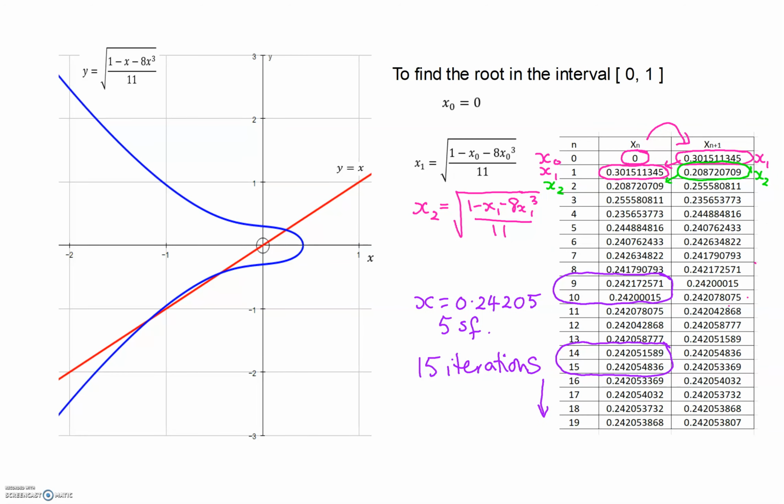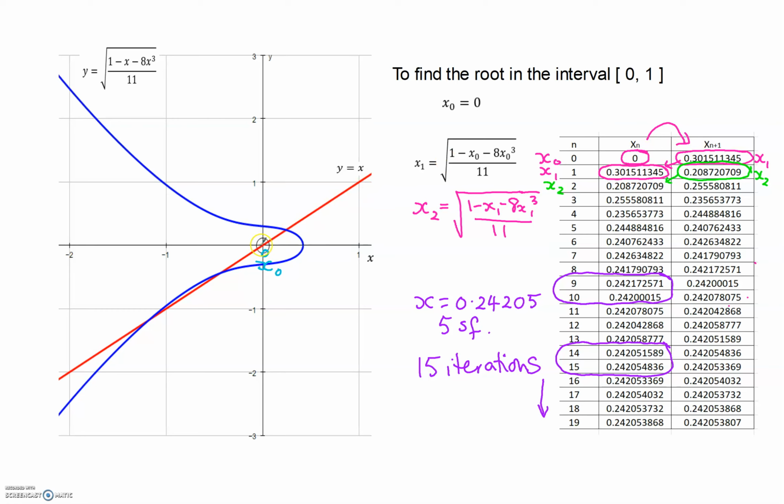So here's our graph. We've got an x0 value of 0, and what we do is we substitute that into our iterative formula. If we were to draw a line up to our blue graph, sorry, that's not a straight line at all.